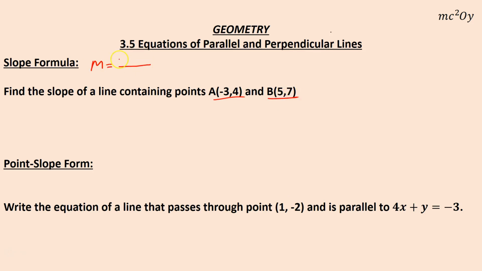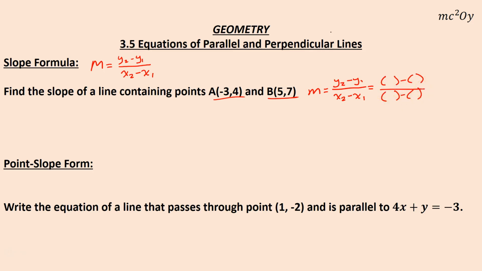So our slope formula, if you recall, is y2 minus y1 over x2 minus x1. What that really means is you have 4 places where you're substituting in values.